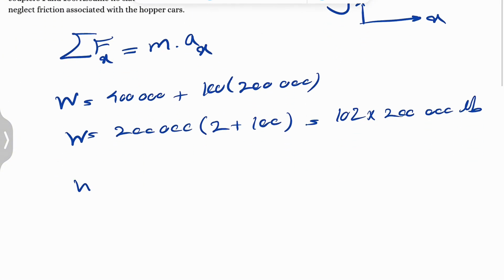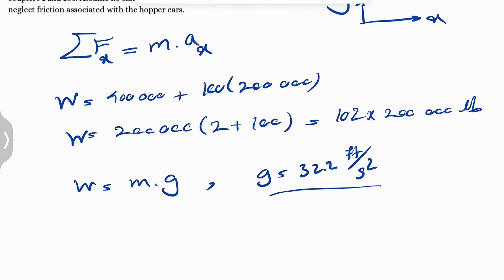So we know the weight is equal to mass times acceleration of gravity because our units are not SI units. Our g in here would be 32.2 foot per second squared. And we need to divide by g in order to find the mass because we need mass, not the weight in here. Again, let's just put all the units in here to avoid confusion.